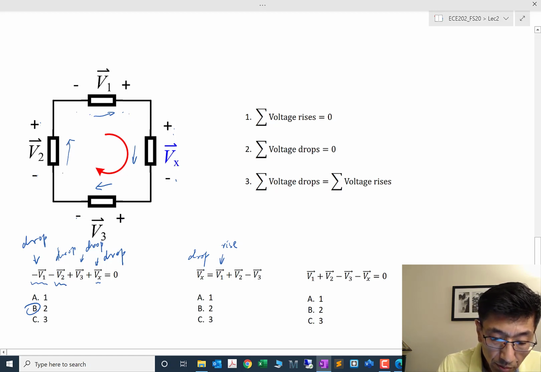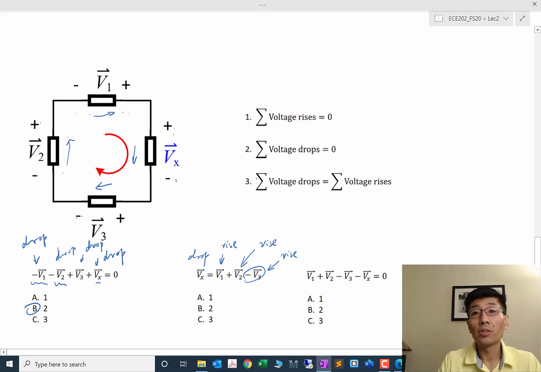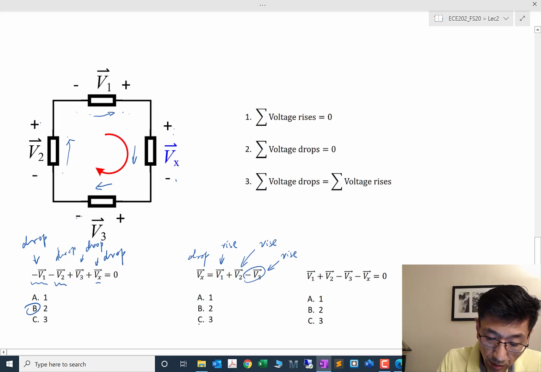And from negative to positive, that's another voltage rise. And from positive to negative, the voltage drop is V3, so the voltage rise is negative V3. So this is a rise as well. Now we are using the third flavor, right? We have voltage drops equal to voltage rises. So this is number 3.